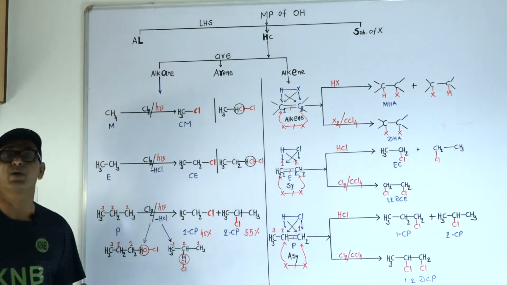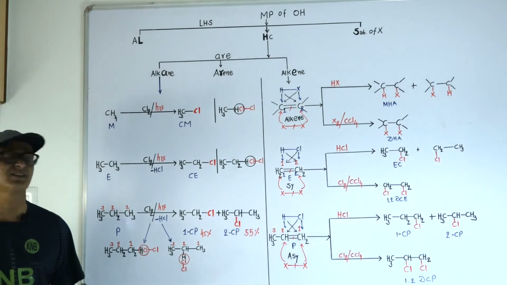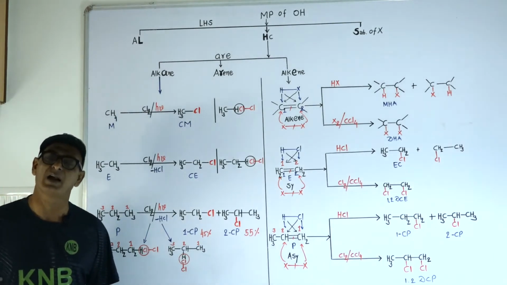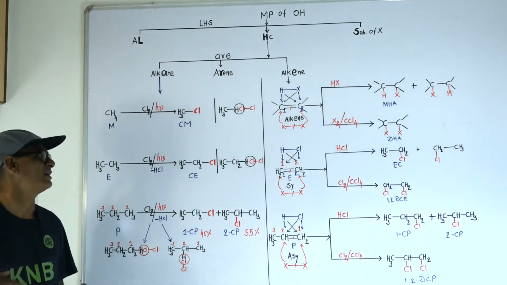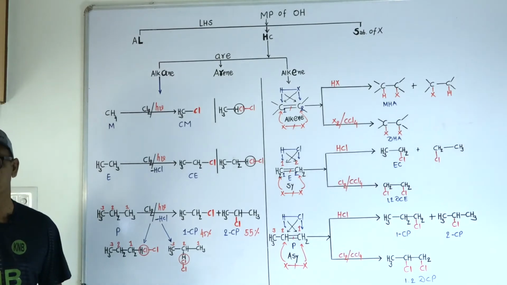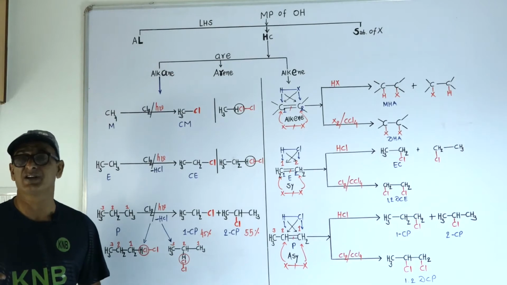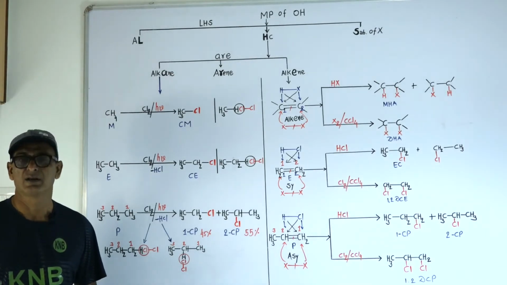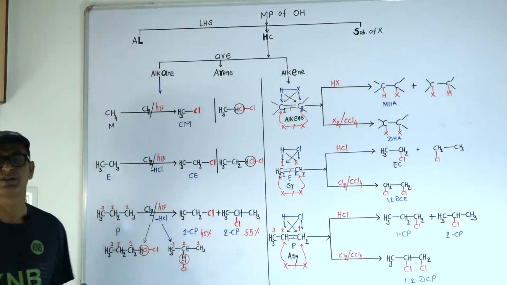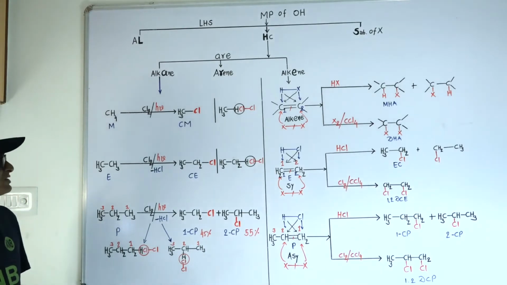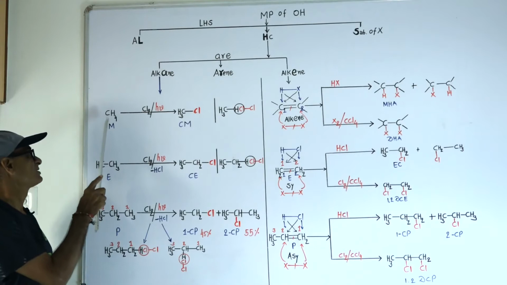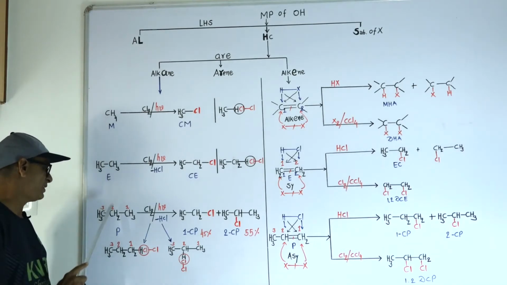Since sigma bond is a very strong bond, alkane compounds are not ready to do any type of reaction. But under controlled conditions, if we use a catalyst, they are ready to give the reaction. For example, methane, ethane, propane.